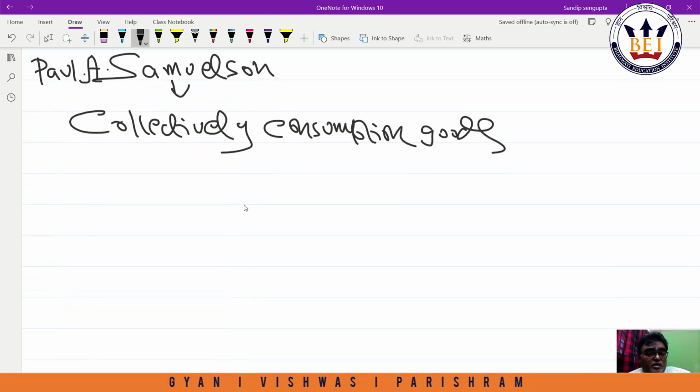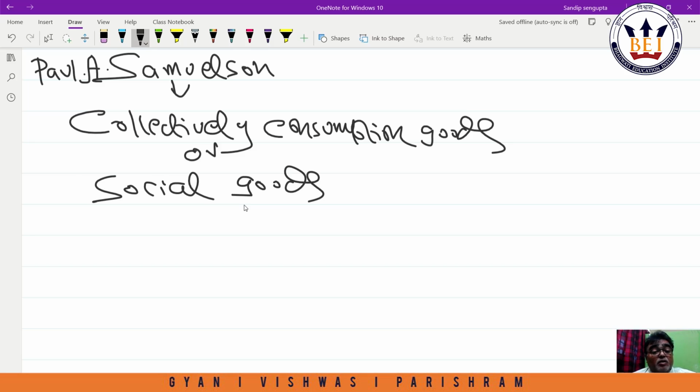Another name we call it is social goods. So what are the examples? It means if one individual is using it, it doesn't hamper another individual. If one is using that part, others should not be compromised on that.